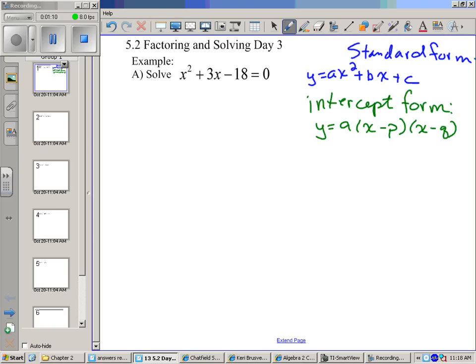And the whole idea of intercept form is using what's called the zero product property.